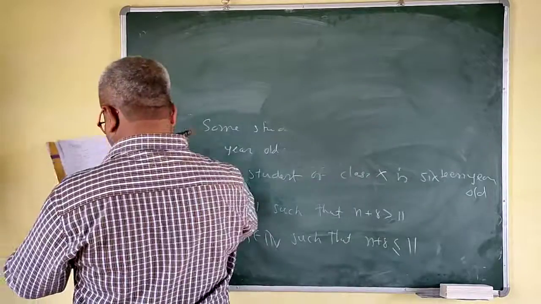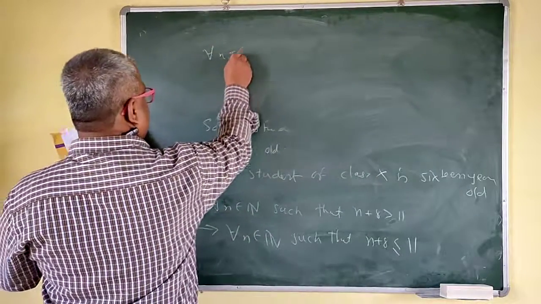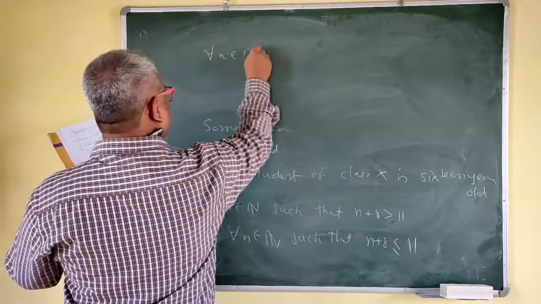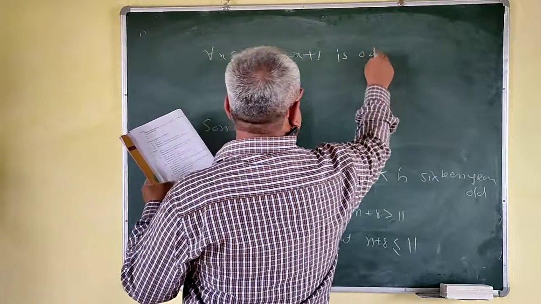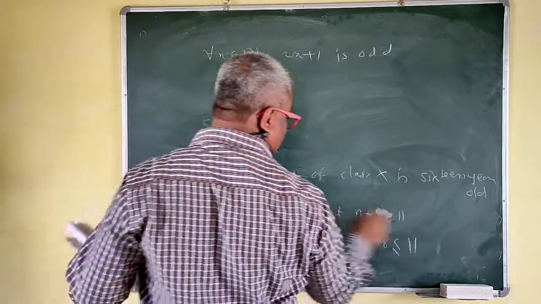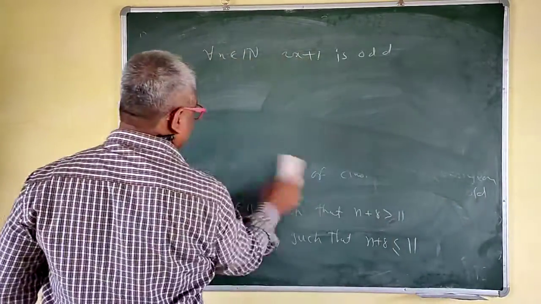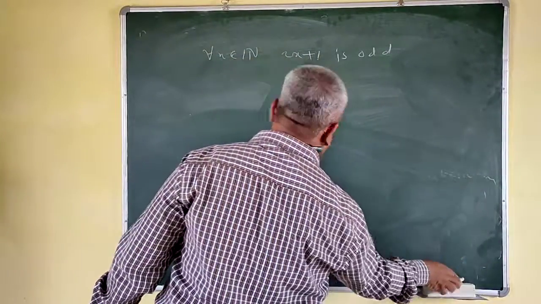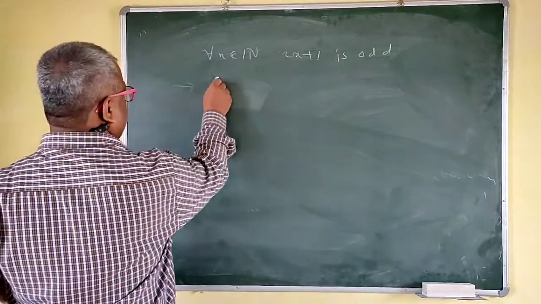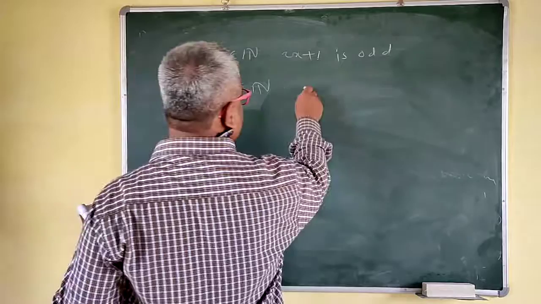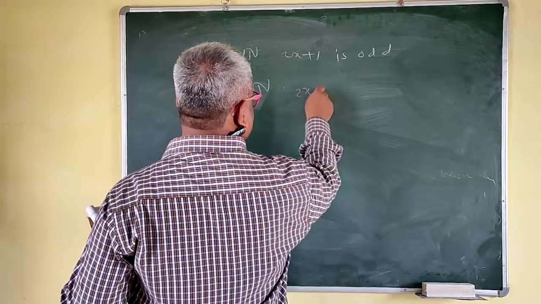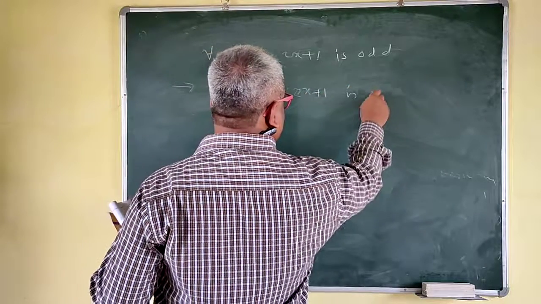For all x belongs to N, 2x plus 1 is odd. So what I have to do? We have for all, so make the negation. Negation of for all is there exists x belongs to N such that 2x plus 1 is not odd.